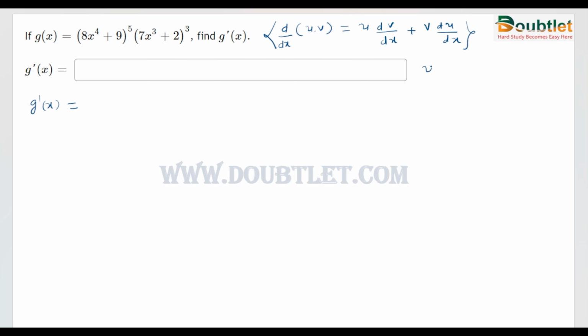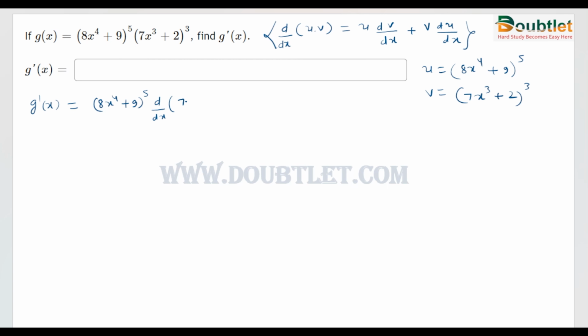So we will assume u as (8x^4 + 9)^5, and v as (7x^3 + 2)^3. So we will assume u as a constant, so we will write u as it is, so it will become (8x^4 + 9)^5 and dy/dx of v.